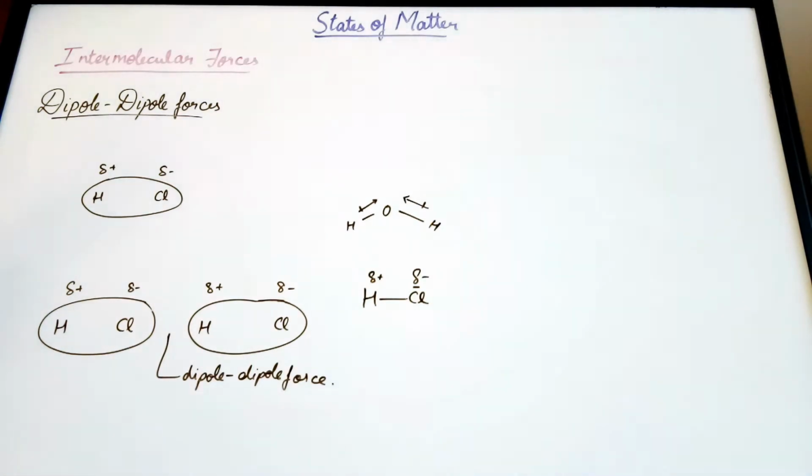As you remember, we talked about instantaneous dipole and induced dipole. So these forces are stronger than that one, but they are weaker than the ion-ion interactions. So when two ions come close together, they lead to the formation of an ionic bond. So dipole-dipole forces are weaker than the ion-ion interactions.